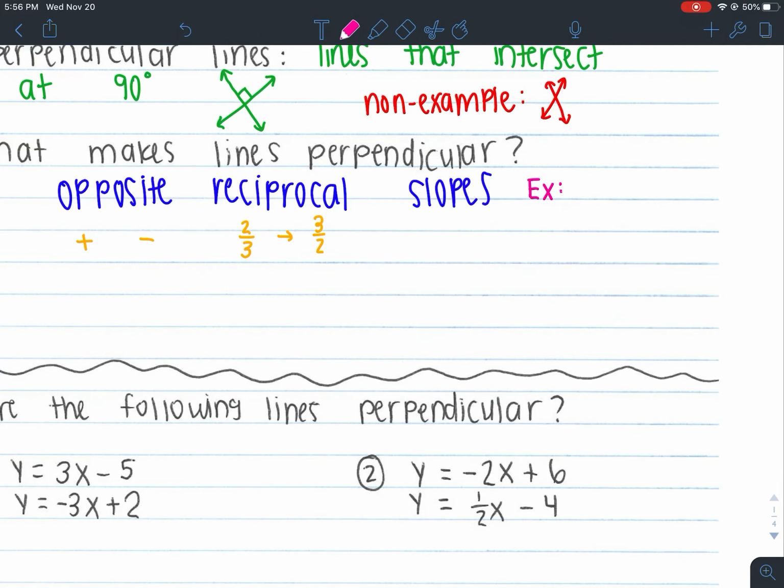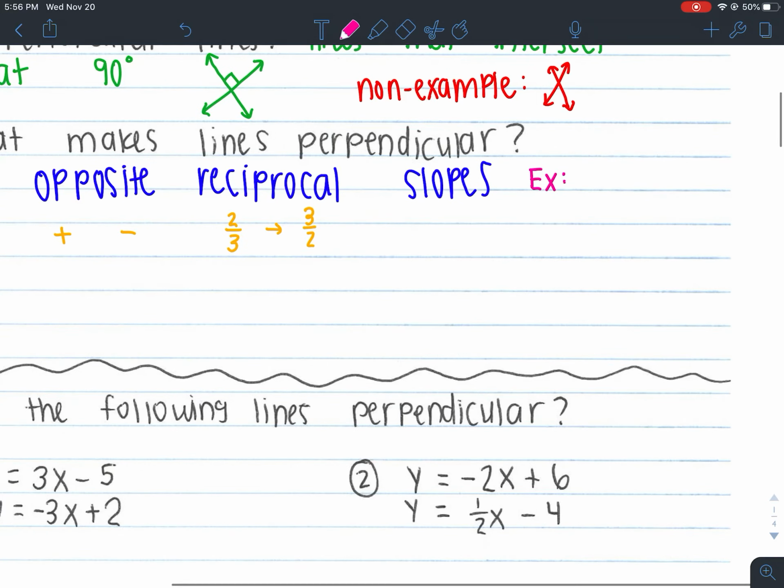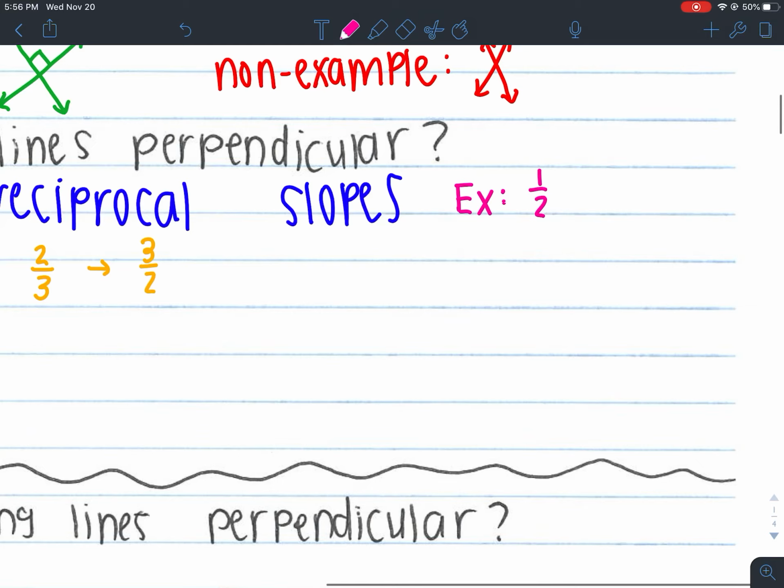The first example I'm going to use is 1 over 2. I want to do the opposite reciprocal of this. If I wanted to create an equation that was perpendicular to the previous equation, and the original slope was 1/2, then the slope of the other line has to be the opposite reciprocal. Well, this is a positive, so the opposite would be negative, and then I would flip the fraction, and it would be 2 over 1, right?